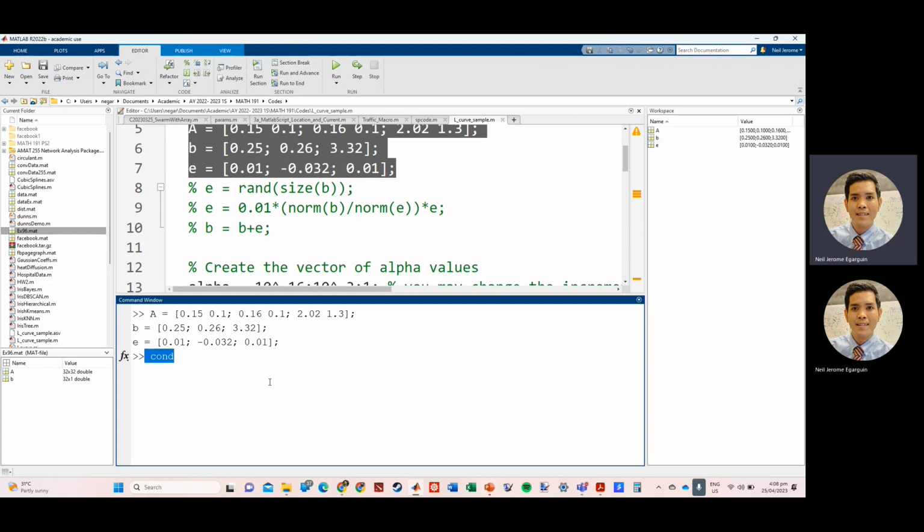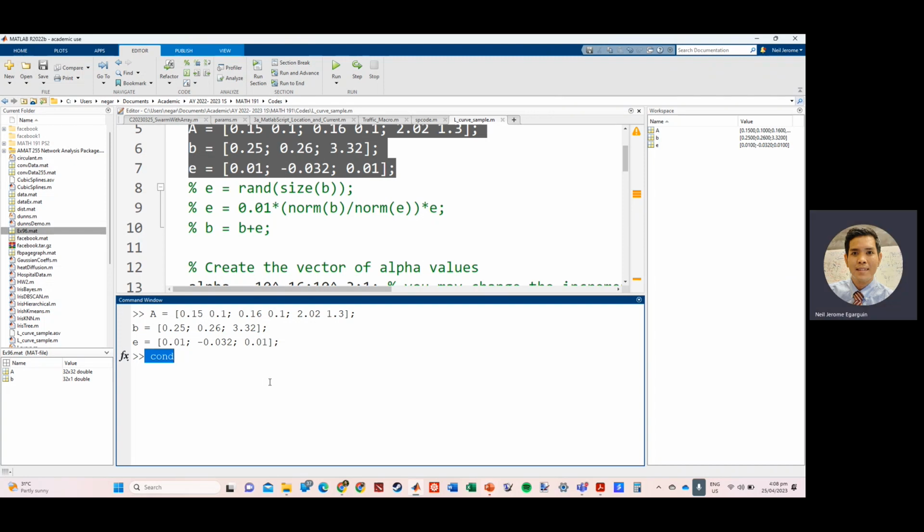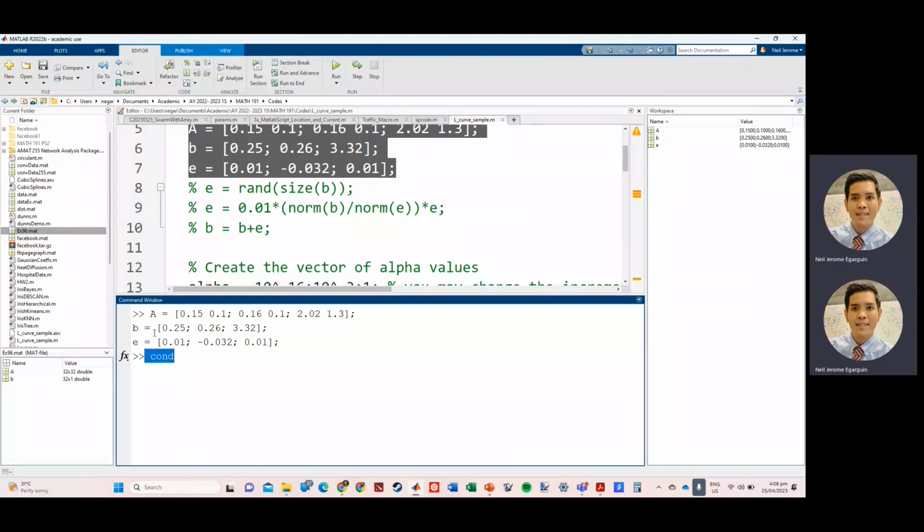command window. So I have cond of... hold on guys. All right, anyway, I lost my connection to my other device. But if you look at the command window, the highlighted one, it says cond. That's the built-in command for the condition number. You simply type inside parentheses the matrix that you want to compute the condition number of.